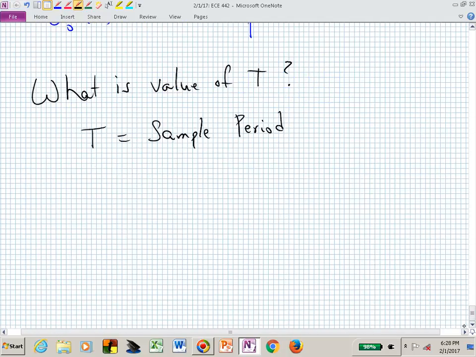Do we have any idea how we would find that on the exam? If I said, you have a low-pass filter with a cutoff frequency of roughly 100 hertz, we know it's 600 radians per second, can you find what capital T needs to be? What did we say about bandwidth and the sample period before?